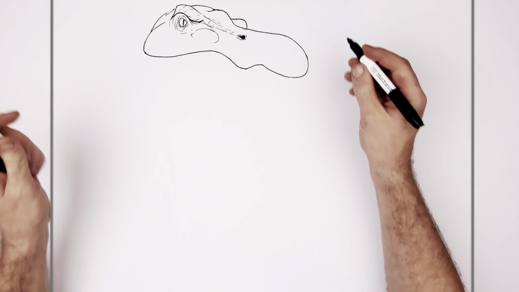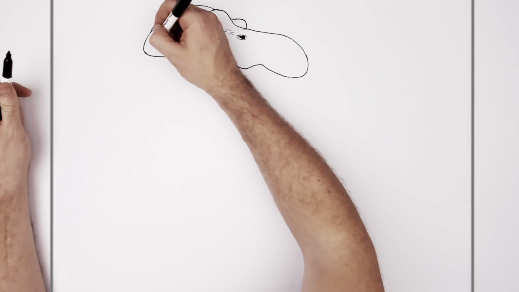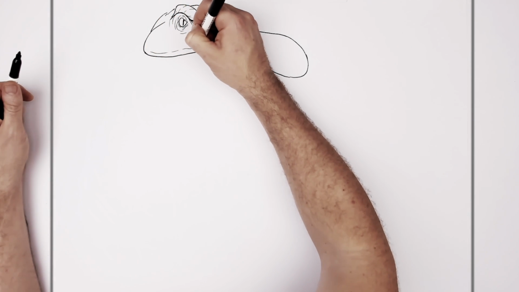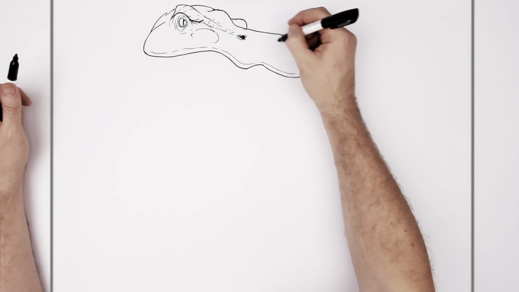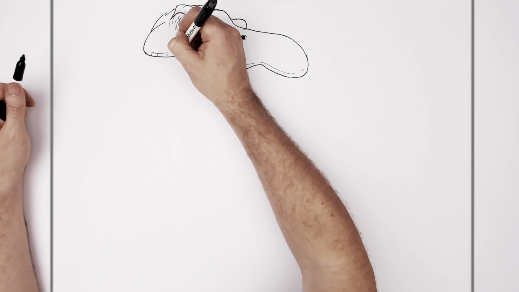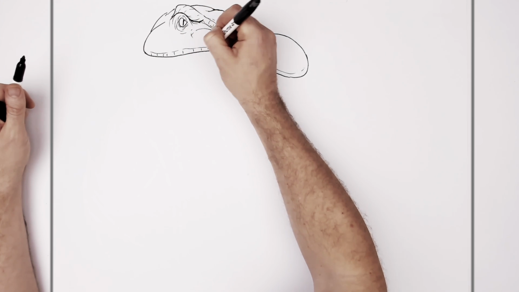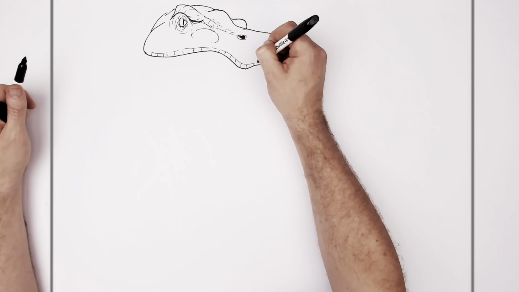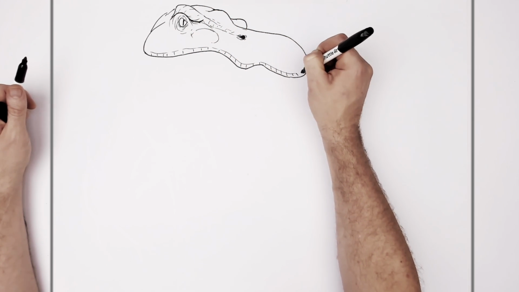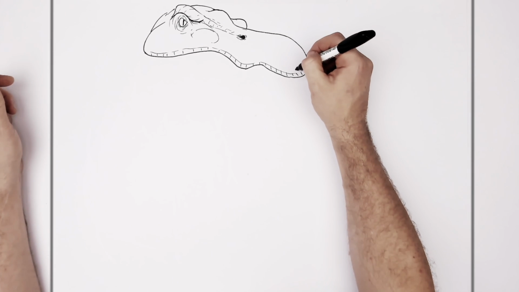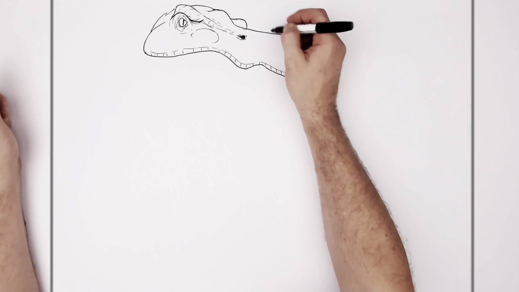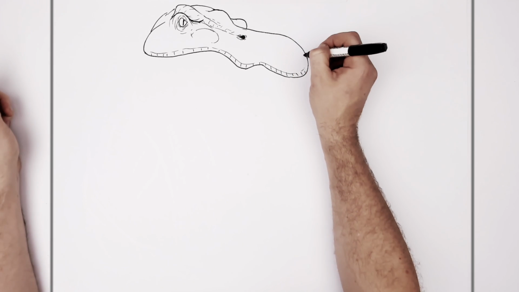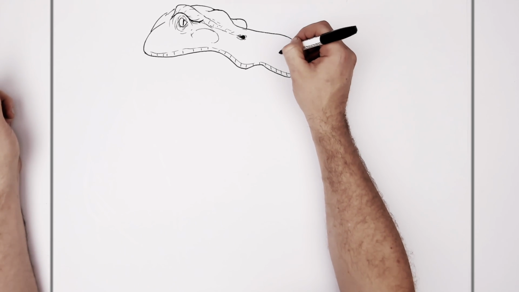So we want to put some textures on all this. We want to make it kind of bumpy, right? So we go sort of a top lip line here. And this is usually broken up into sort of scales. Like that. And then this would be bumpy this way.